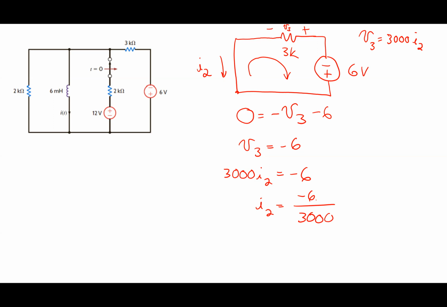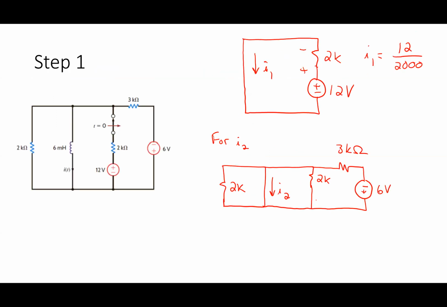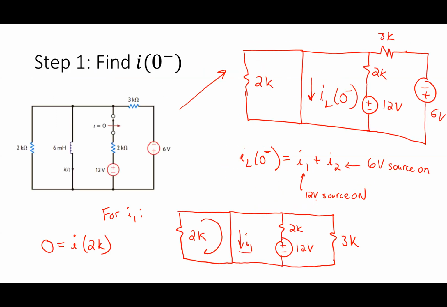Okay. So now I'm done with my first step, right? My first step here was to figure out for myself I of 0 minus. And we said I of 0 minus was going to be equal to whatever I1 is plus whatever I2 is.